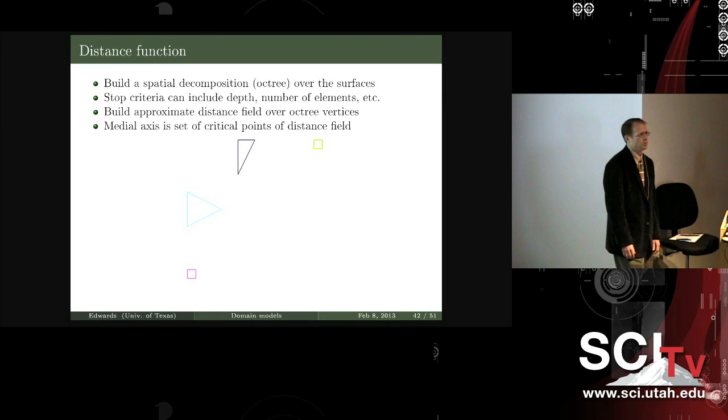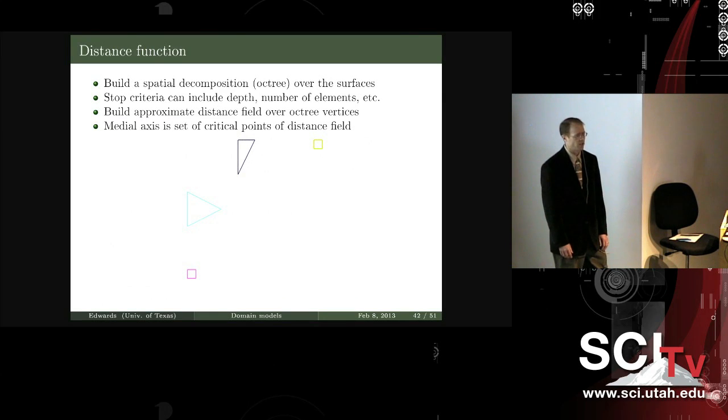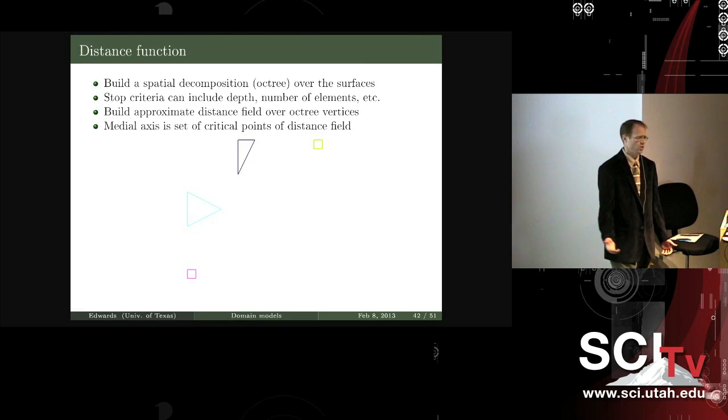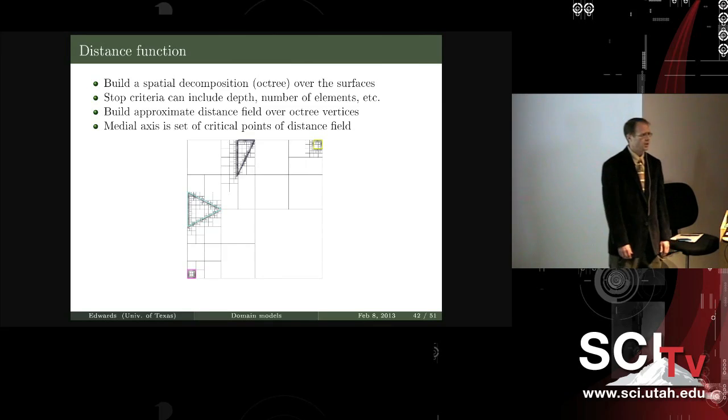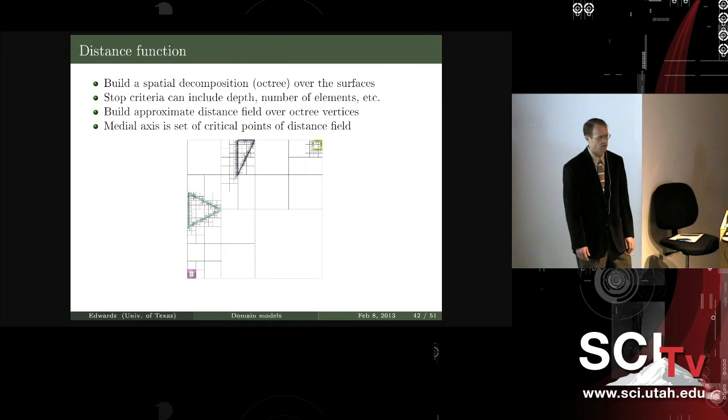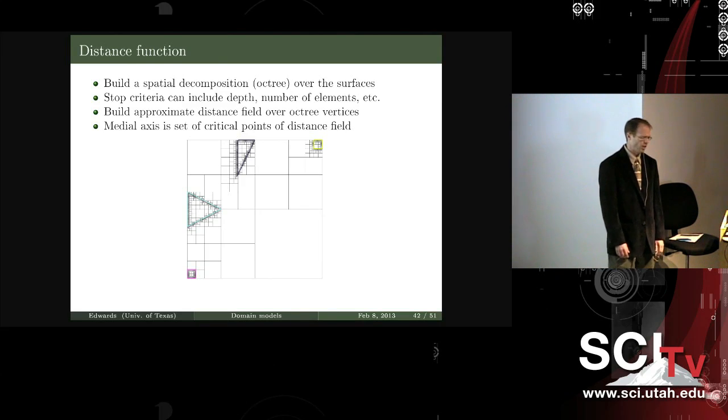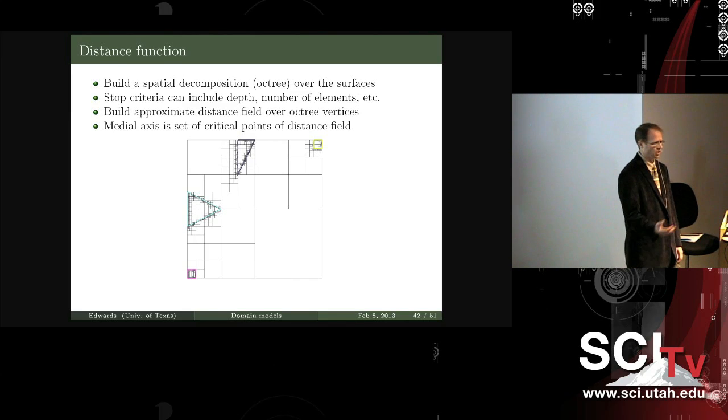So what do I mean by building a distance function over an octree? We start with various objects, in this case 2 squares and 2 triangles, and we build an octree on top of those, a quadtree in 2 dimensions, which is a spatial decomposition. There are various stopping criteria that you can use to decide where to stop.